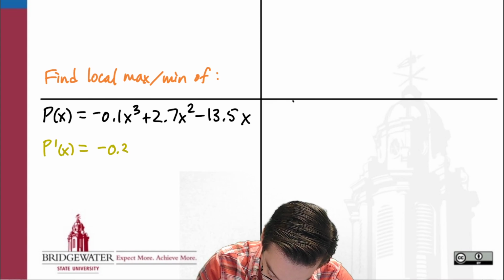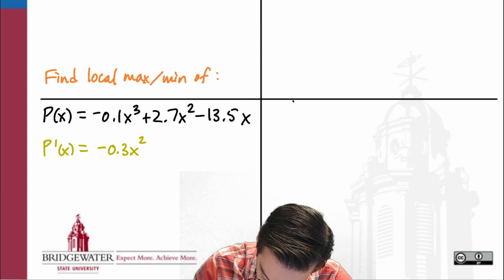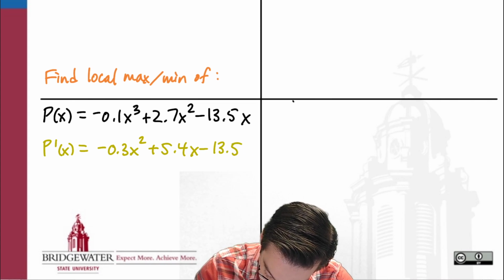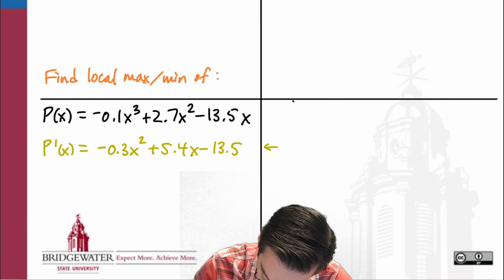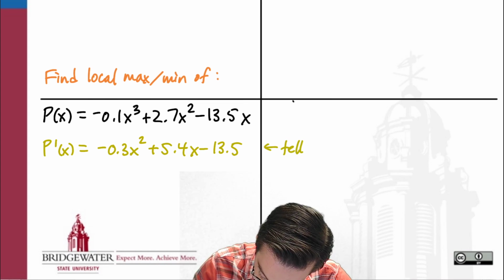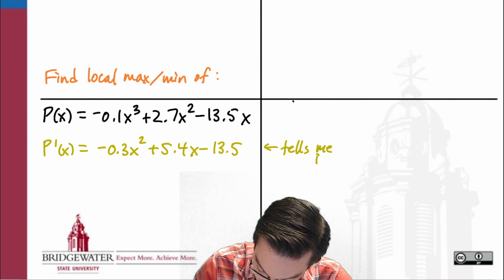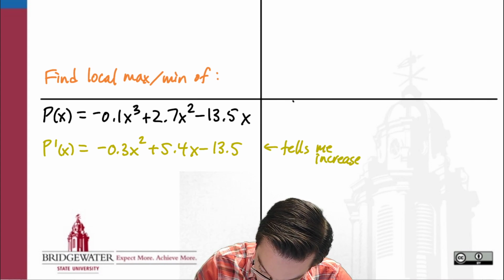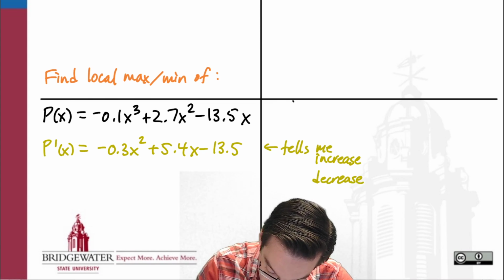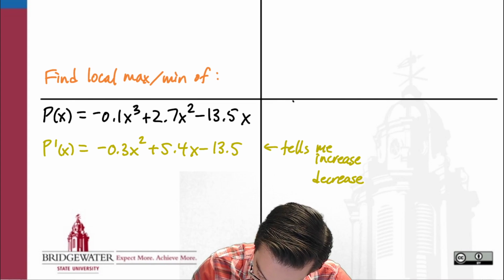So that's why I had you compute that a little bit ago. Minus 0.3x squared plus 5.4x minus 13.5. So find the derivative. This tells me increasing versus decreasing. And if I set it equal to 0, it will tell me where my critical points are.